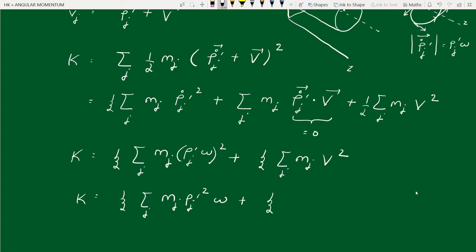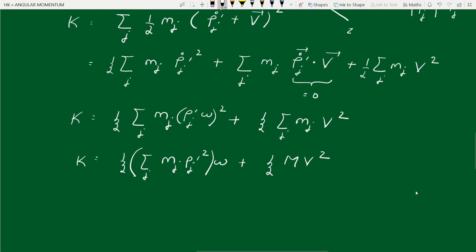So this is equal to half sum over j of mj rho j prime square times omega square, plus half sum over j of mj v square. Capital V is independent of the summation, and sum over j of mj is the total mass of the system, so half M v square. In the first term, rho j prime is the perpendicular distance from the axis of rotation, and this quantity, sum over j of mj rho j prime square, is the moment of inertia about the center of mass, because the z-axis passes through the center of mass.